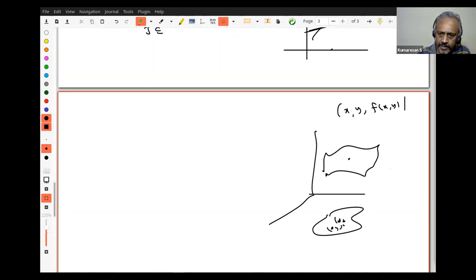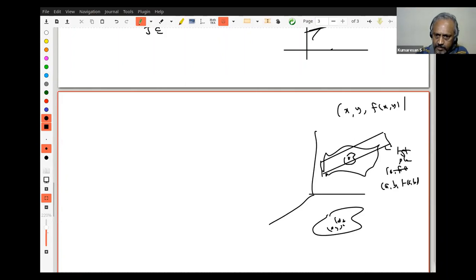Then this point will be a, b, f of a, b. Then what am I looking for? I am looking for a plane passing through this point a, b, f of a, b, which is on the graph of the function, and I would like to call it a tangent plane. So I am looking for a plane which approximates the surface near the point a, b, f of a, b.